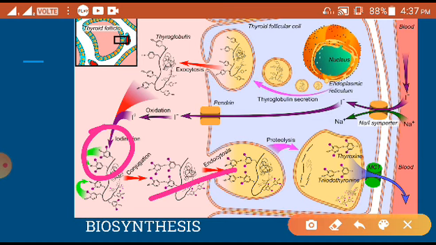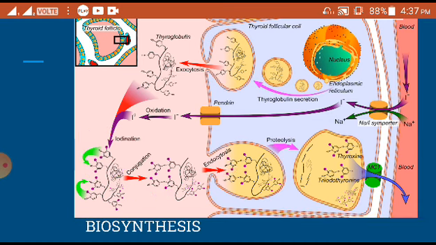A similar thing is happening here. Thyroglobulin is acting like a fish net, iodine is attached to it, and now it goes again into the follicular cells, and then the further coupling of the iodines will happen, thyroxine and triiodothyronine will form, and finally it will go into the blood.